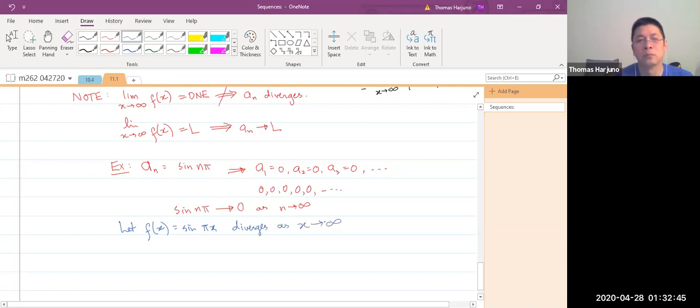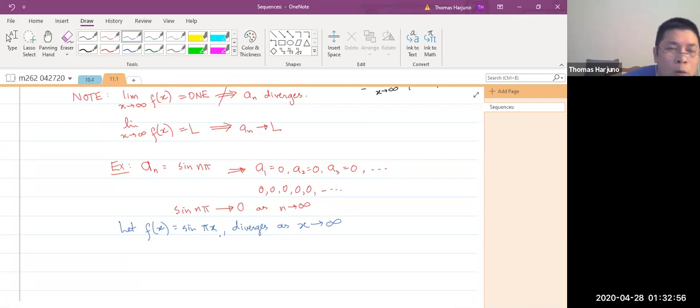It will be fluctuating between -1 and 1. So sine pi x has no horizontal asymptote.